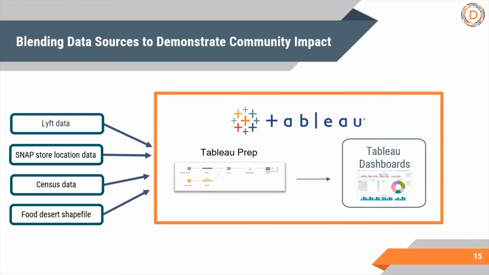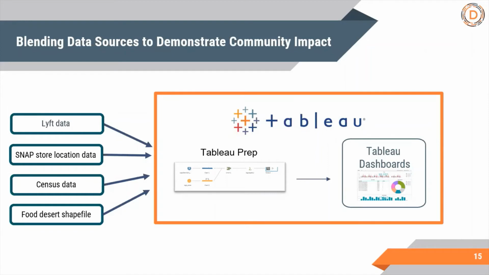And because Lyft didn't provide any demographic data about the riders, we needed to find some proxy data that would help us describe the population that was using the grocery access program, to show that this program was impacting the disproportionately affected population. So we researched data sets on census.data.gov and found demographics and socioeconomic data that we could include in the analysis.